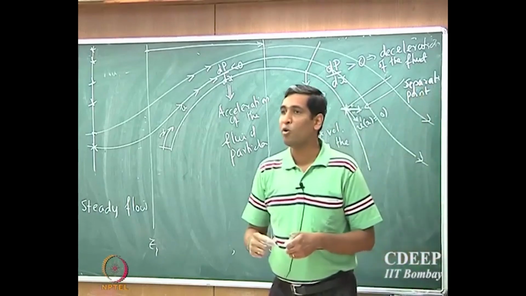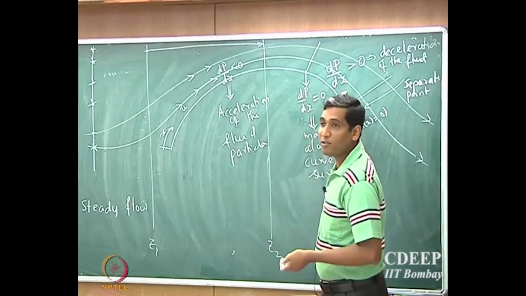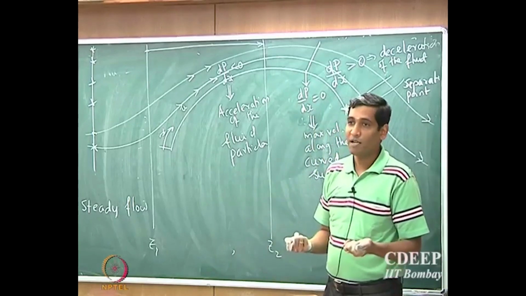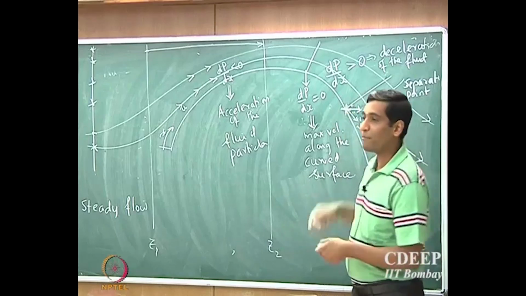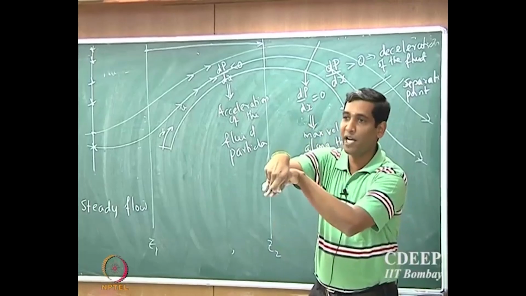So the fluid is no more able to move forward because the adverse pressure gradient is so much that the velocity comes to 0. The moment it comes to 0, it separates out from the cylinder. It's not able to move past the cylinder anymore.